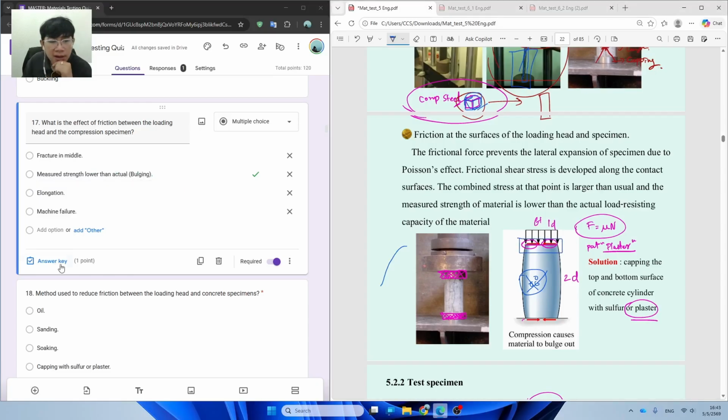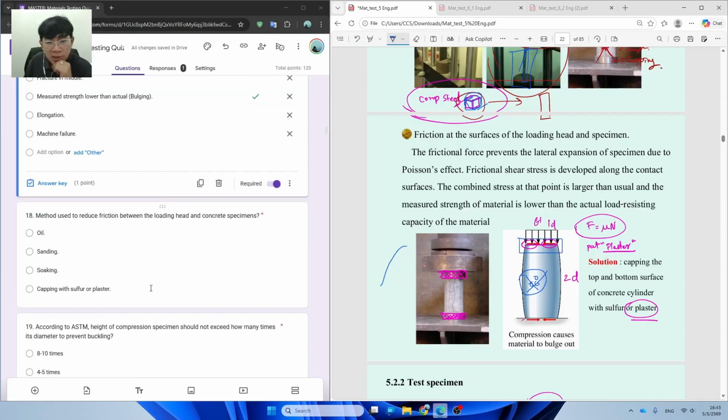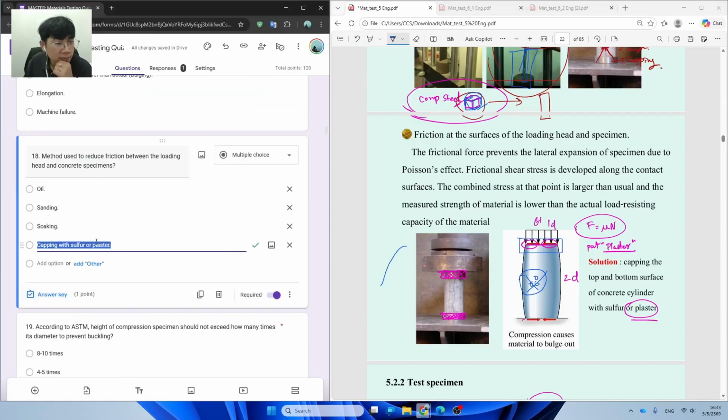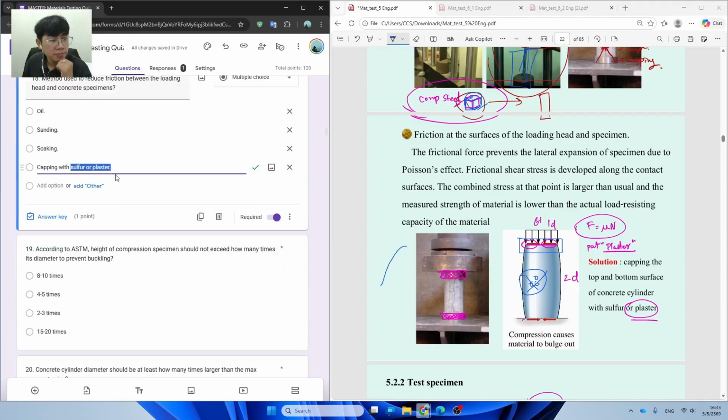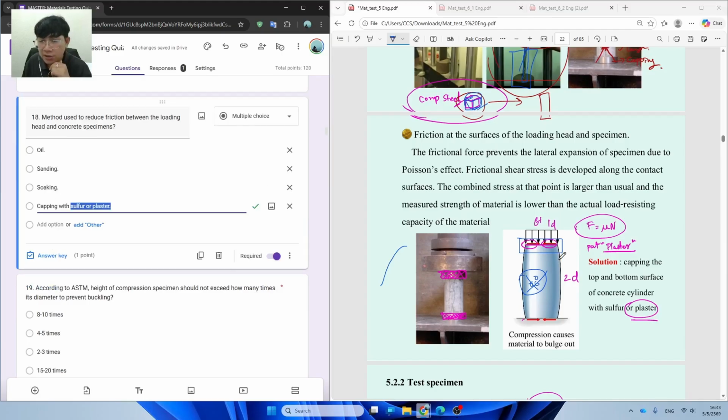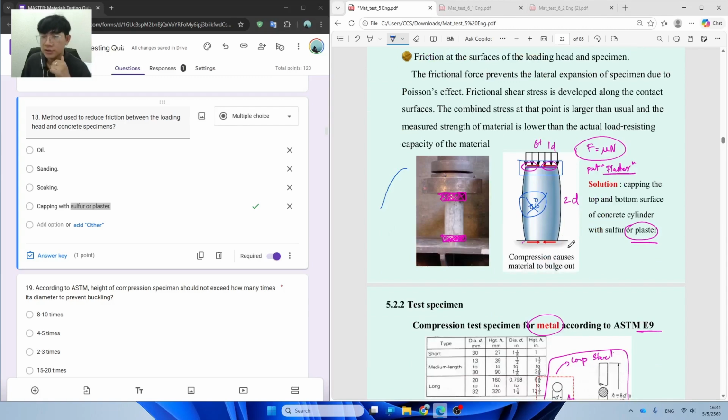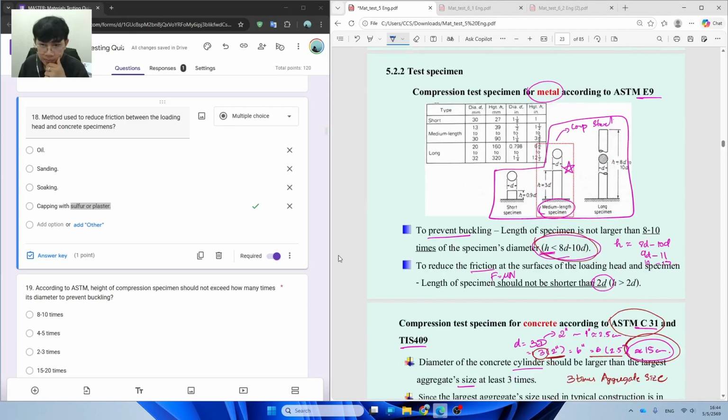But in the lab, I think people cap it using capping. But in the past, they used plaster and sulfur, but this one takes time to prepare. That's why capping is the most popular one right now to prevent damage or avoid the friction on the surface in the compression test of the concrete.